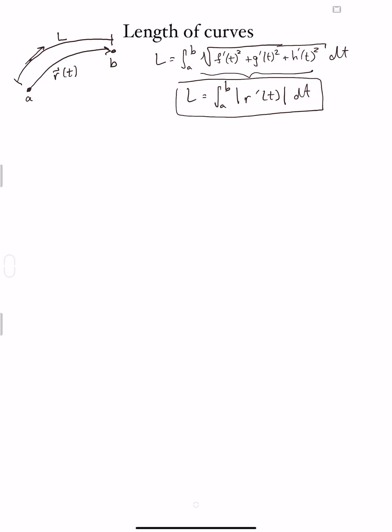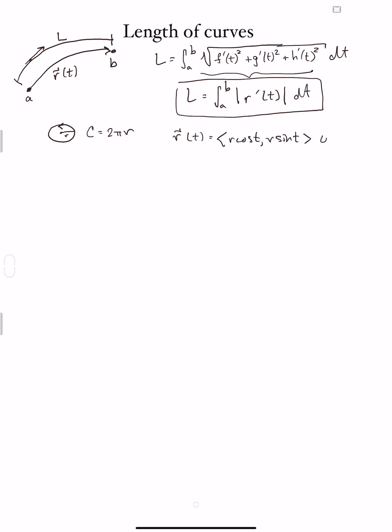So what I'd like to do is take a real quick example. Now I know that for a circle of radius r, if I start and go all the way around, the circumference is 2 pi r. So let's try to do that in our new parameterized version of math. I'm going to parameterize that circle as r cosine t and r sine t.